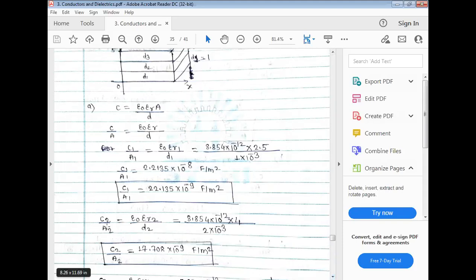Then for the second region, C2 divided by A2 is equal to epsilon 0 epsilon R2 divided by D2.